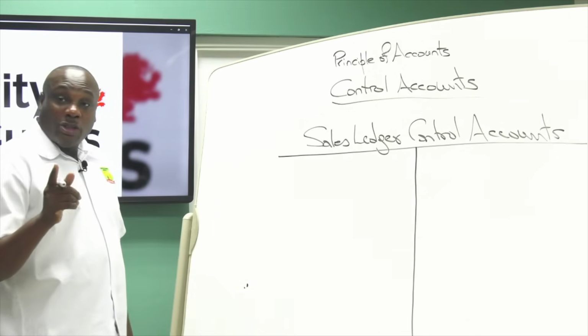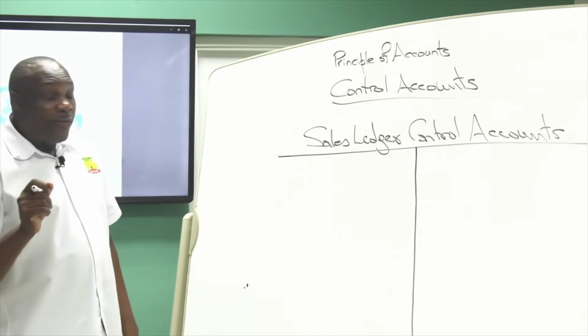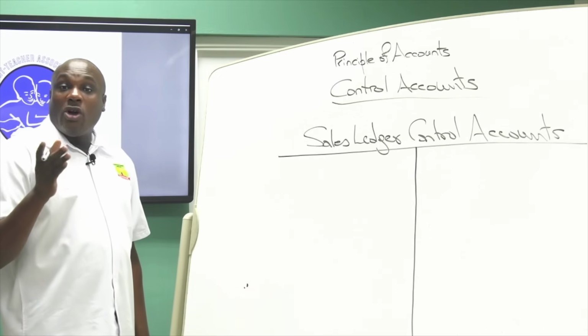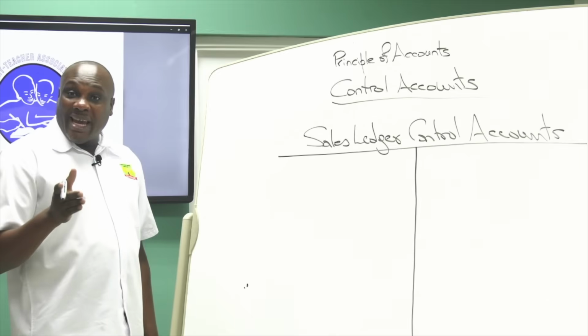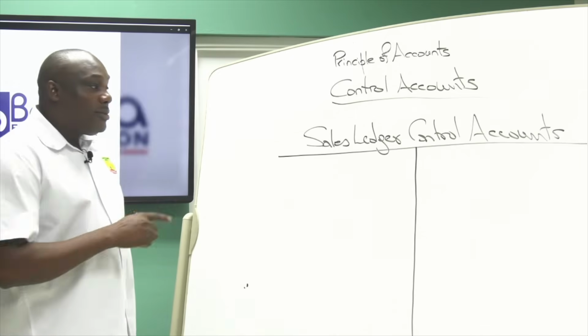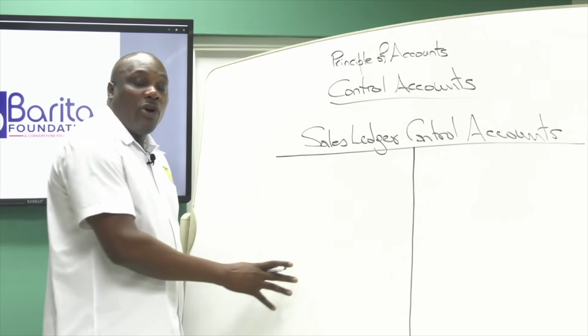Irrespective of our focus, nonetheless, students, we must understand the double entry ruling in order for us to appreciate single entry. So now let me go ahead and start doing the format.